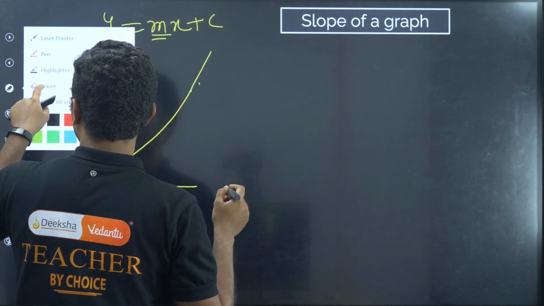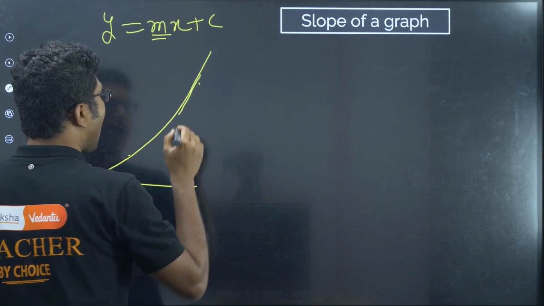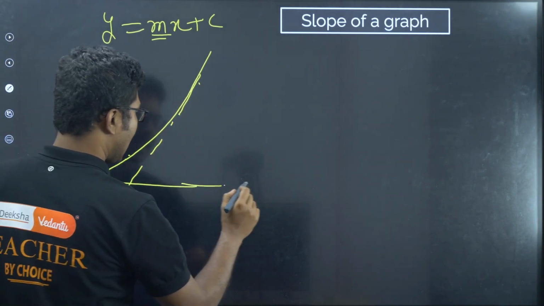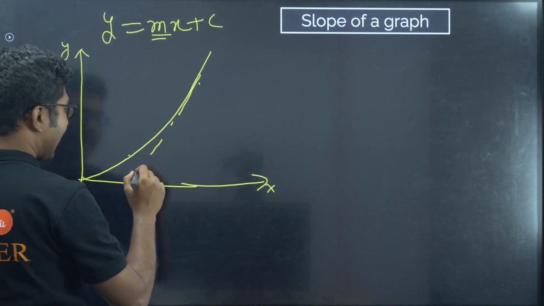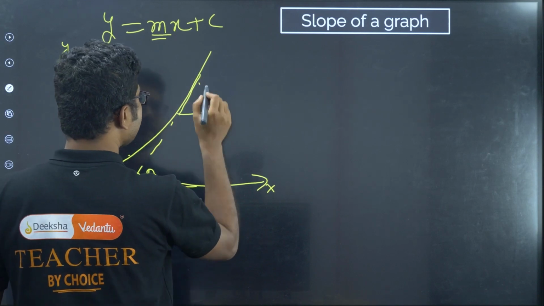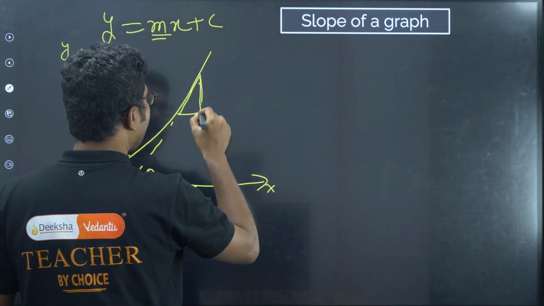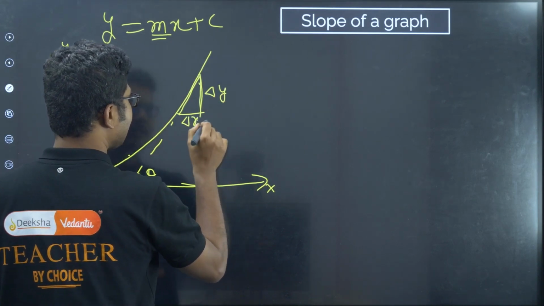I can do two things. Either I can extend it back to the x axis and measure the angle and calculate tan theta for this point, or I can construct a small triangle. Let us say this is delta y and this is delta x.